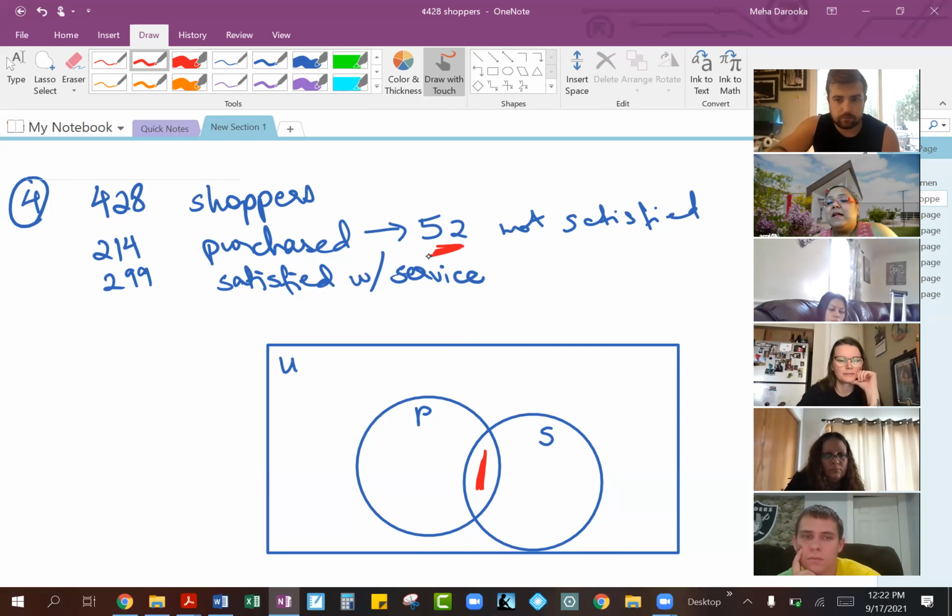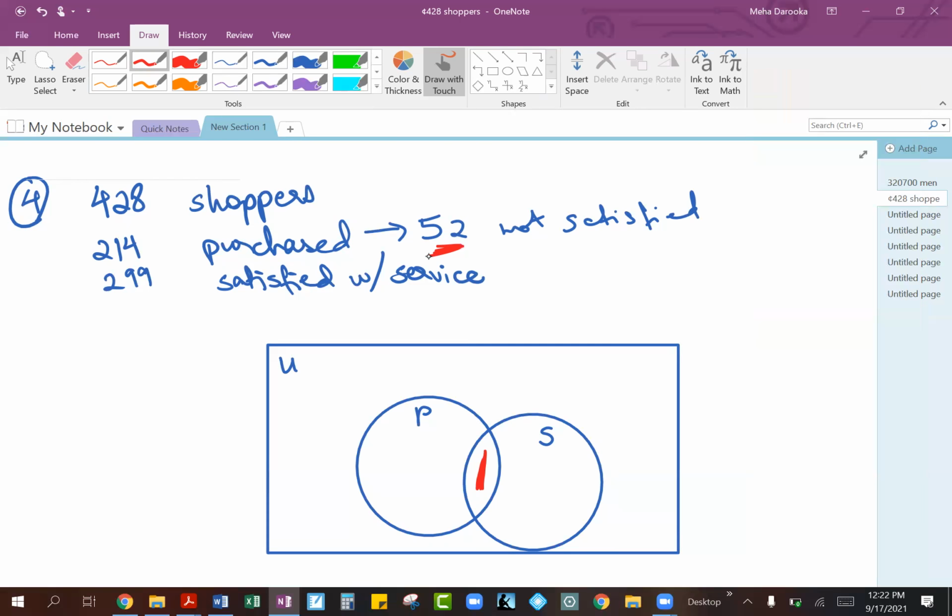Oh, not overlapping. Very nice, Logan. Because remember, these 52 people made a purchase, but they're specifically telling us they are not satisfied. So to go in the overlap, you have to make a purchase and be satisfied. So that means these 52 people made a purchase, but obviously they're not happy.